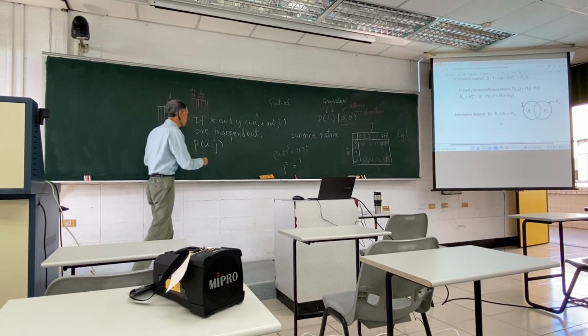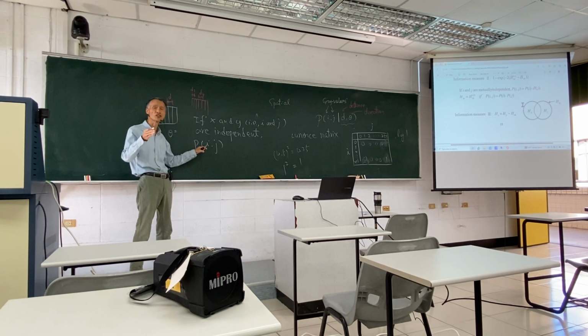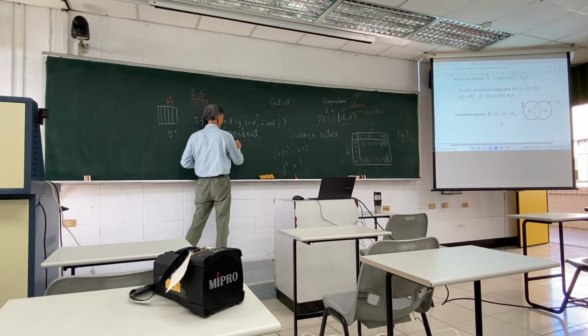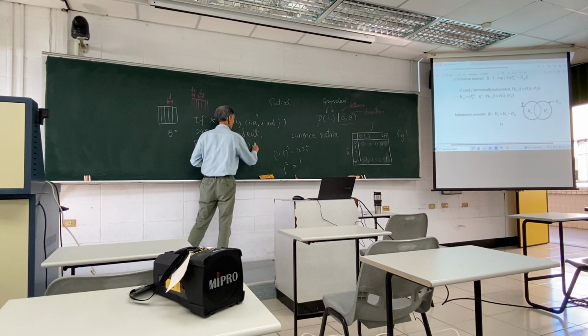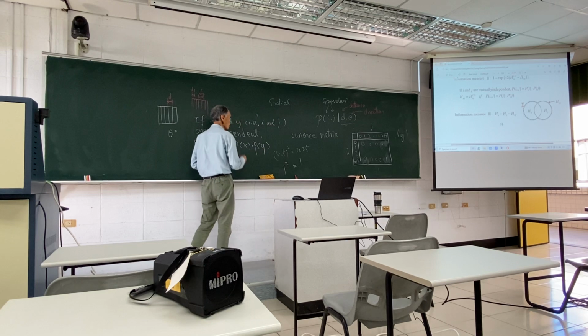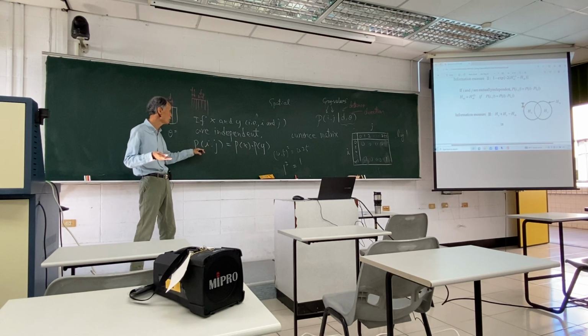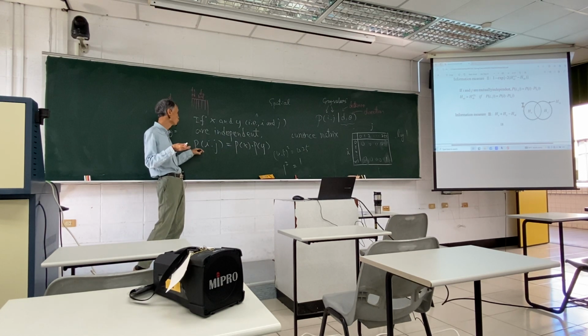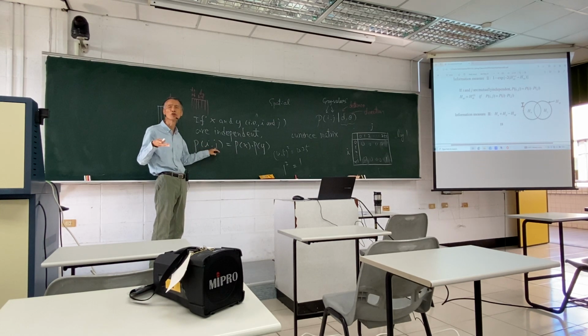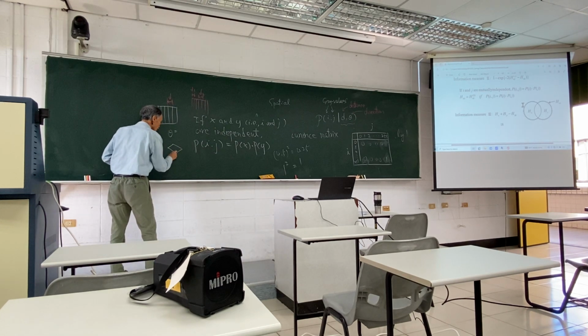The joint probability that you can observe I and J at the same time will equal the multiplication of the marginal probability for X and Y. If I say they are independent, it means what? Whenever you look, you know something about I, but you cannot estimate what could be the outcome of J. Just like when you roll a die. Okay?